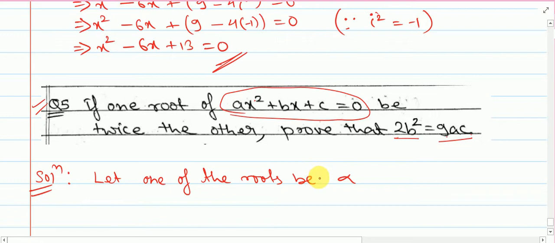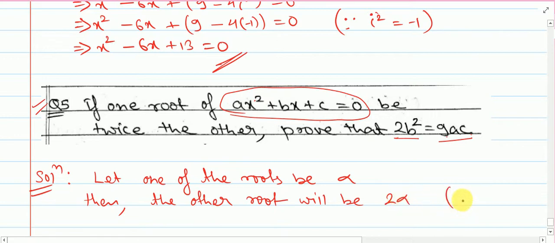So if this is alpha, then I can take the other one to be 2 times alpha. Then the other root will be 2 alpha. This is given to us.